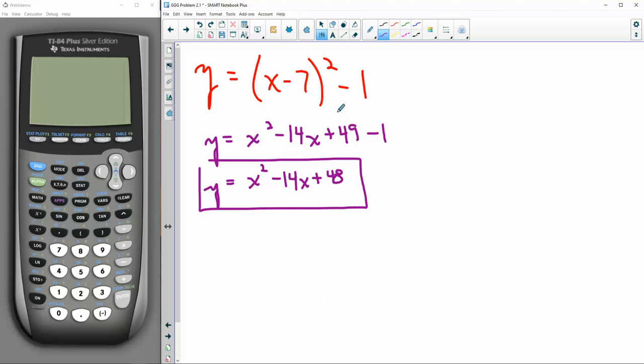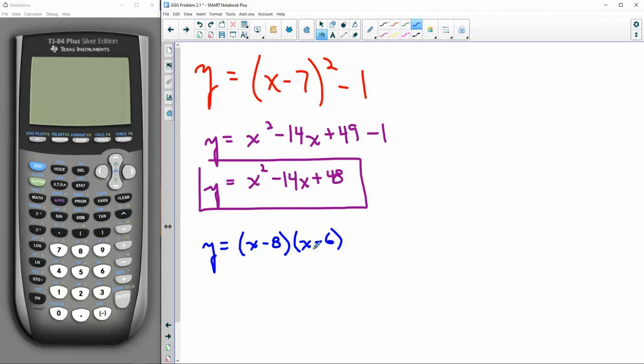As far as factored form, I think I'm going to look for factors of 48 that add up to negative 14. So what are those? They've got to both be negative. So x minus 8 and x minus 6.